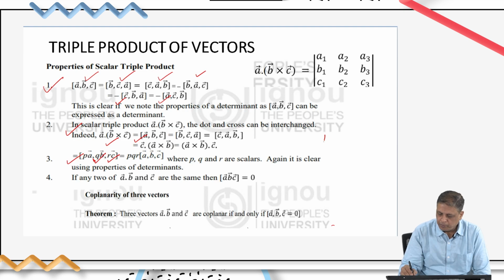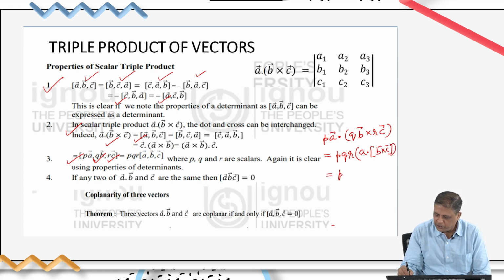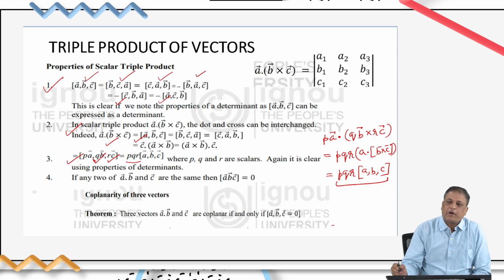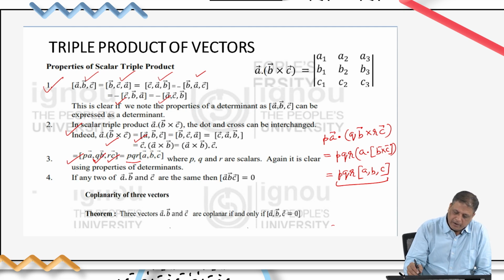That means PA dot QB cross RC is nothing but PQR times A dot B cross C, which is equal to PQR [A B C]. So, the entire scalar triple product is multiplied by the product of the scalars associated with the independent vectors.